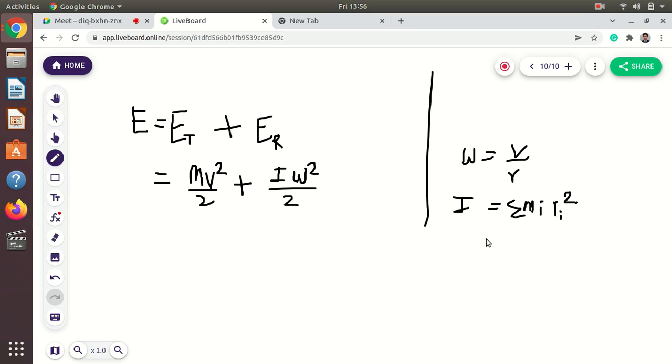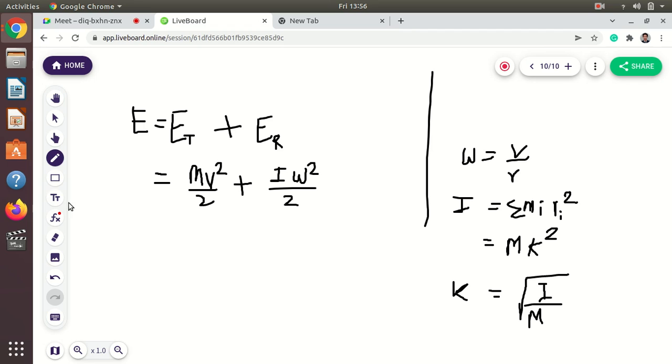So in that form, I is equal to M, the total mass, into K square, capital K square. This K is called the radius of gyration. How can I write the equation for K in terms of I and M? K is equal to under root of I upon M. I just rearranged this equation. So this is called the radius of gyration.